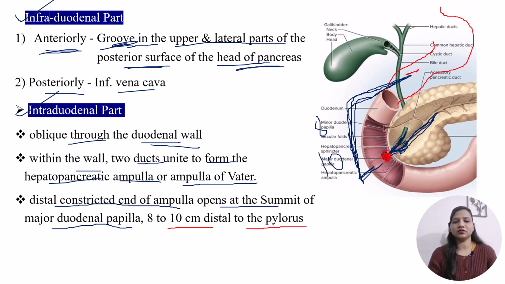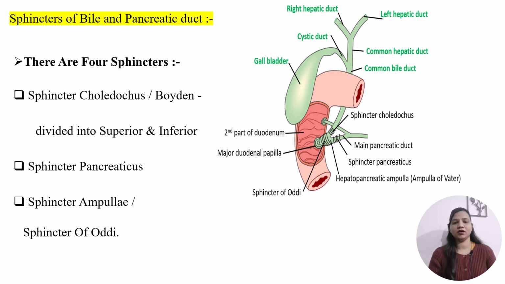So we have seen the relations of the infraduodenal part and also the intraduodenal part. Moving on. Now the sphincters of the bile and pancreatic duct. This is also an important point. So there are a total of 4 sphincters in the bile as well as pancreatic duct.